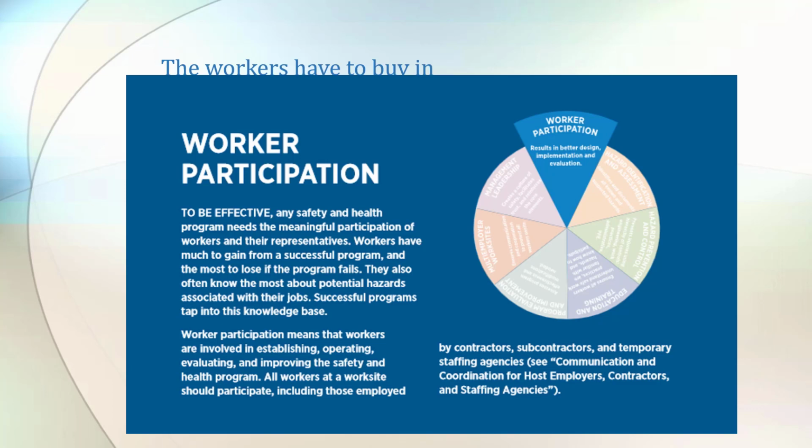Worker participation. This one's really simple. The workers have to have buy-in. You can do this by creating open forums, listening to the workers, what their concern is. If they do have a concern, fixing that concern or investigating it to show that you care about their safety.